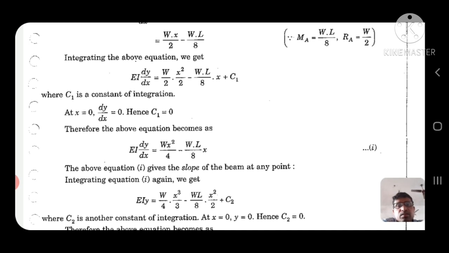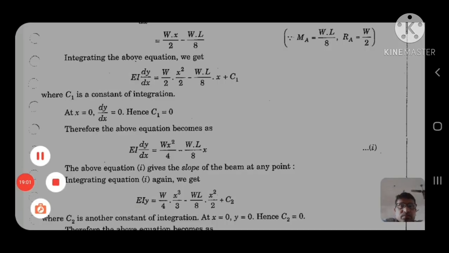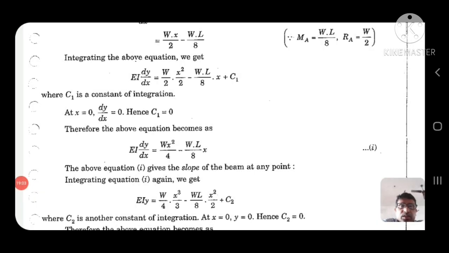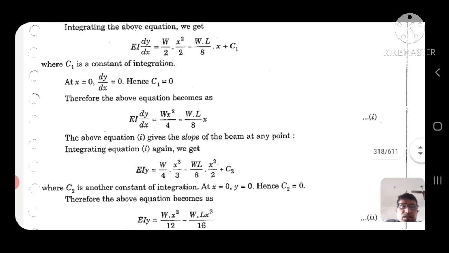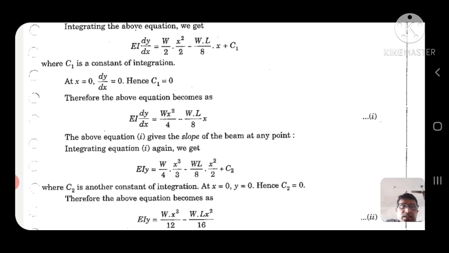At x equal to 0, dy by dx equal to 0, so C1 equals 0. So the above equation is EI dy by dx equals Wx square by 4 minus WL by 8 into x. The above equation gives the slope of the beam at any point.